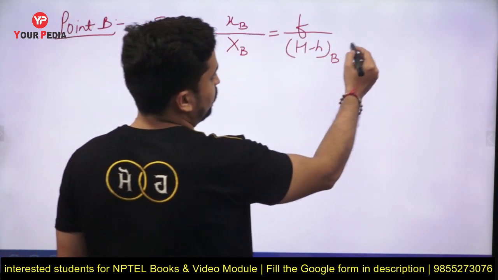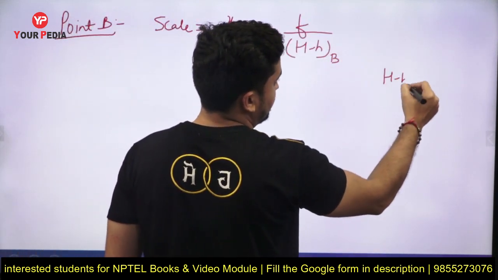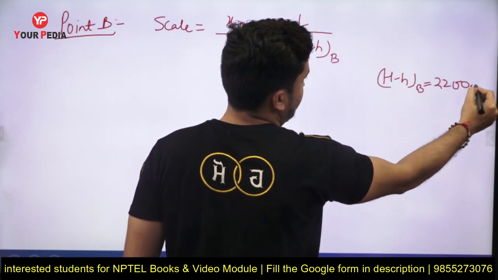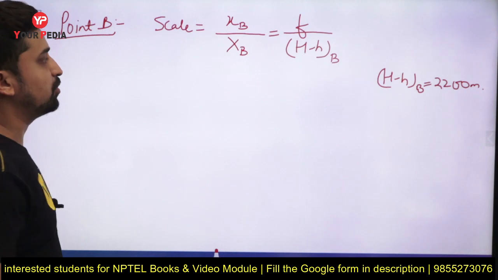So H minus h of B is equal to 2200 meters. Therefore all we need to do is substitute the values.